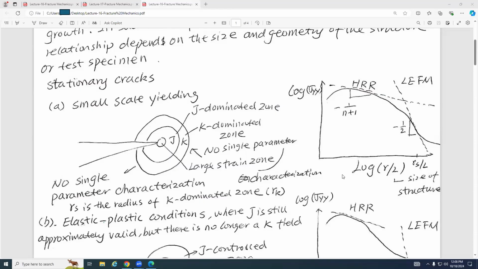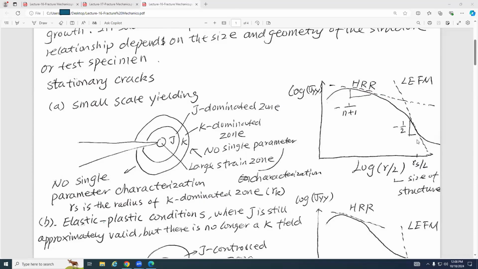This R is the distance from the crack tip. This is the crack tip. L is the characteristic size of the structure. R is the location you are interested in.